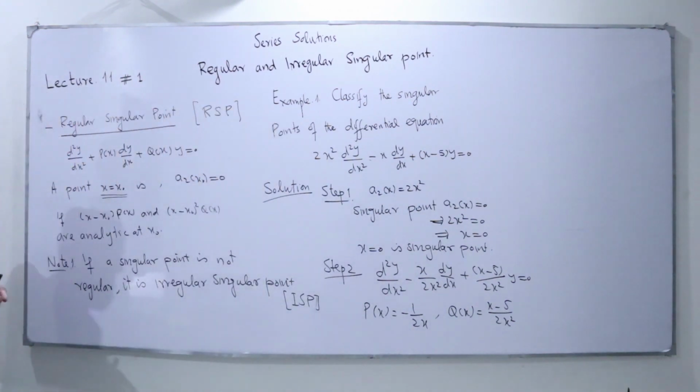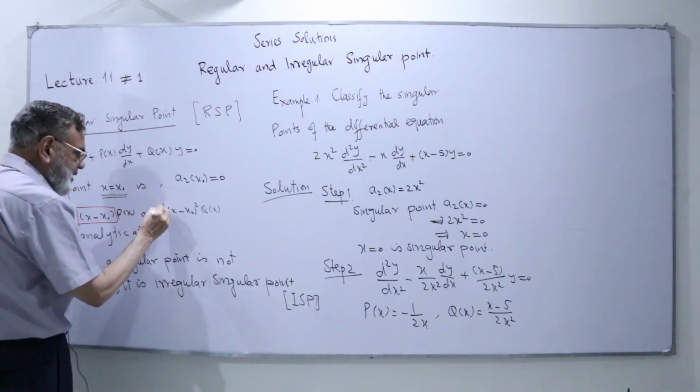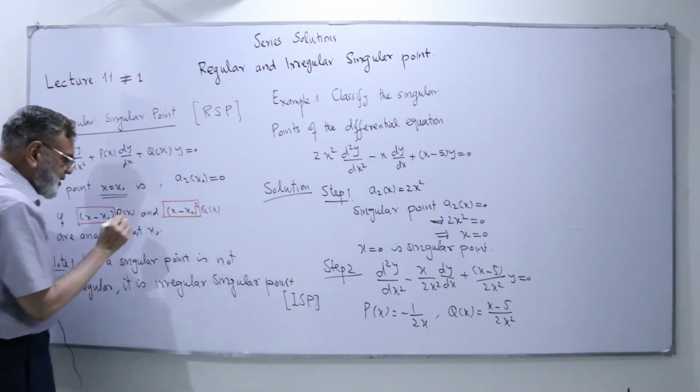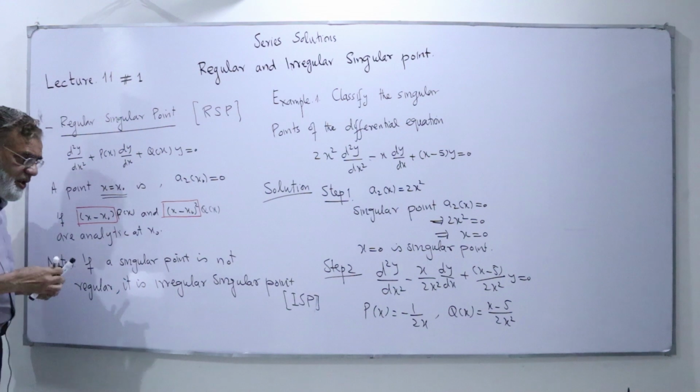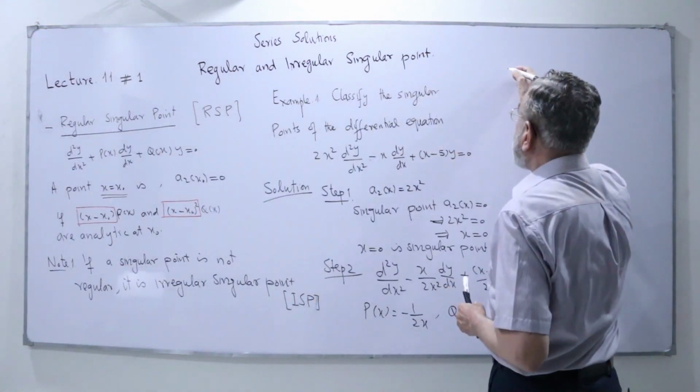Now we can see here, when we want to find regular or irregular singular point, we multiply by x minus x0 to p of x and x minus x0 whole squared by q of x. My x0 is 0, so I multiply p of x with x.